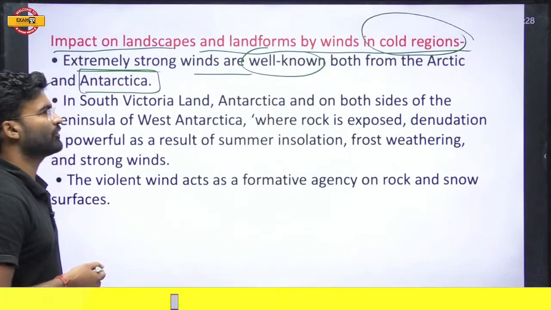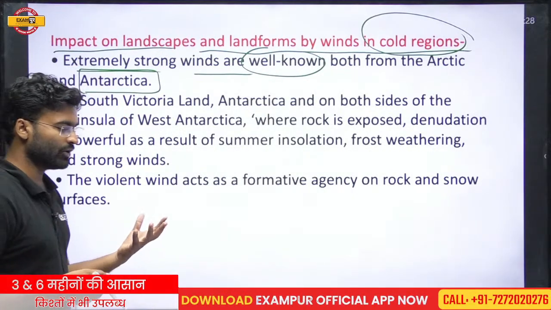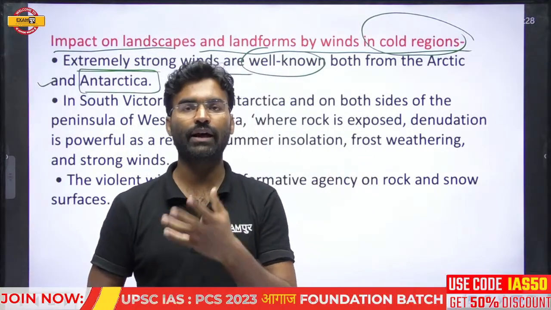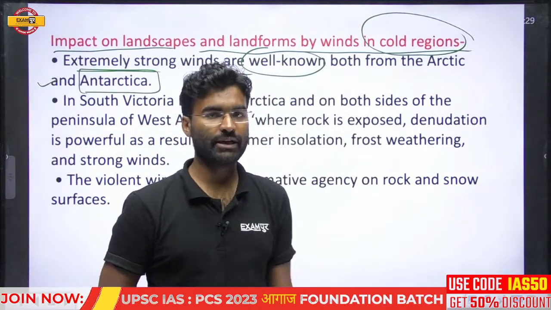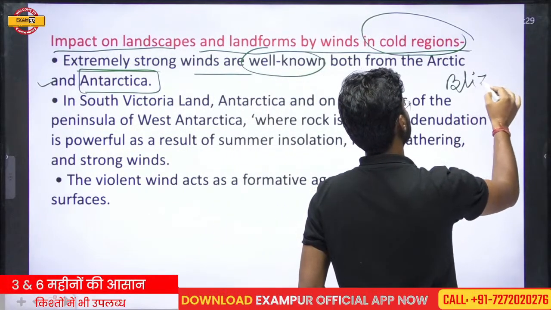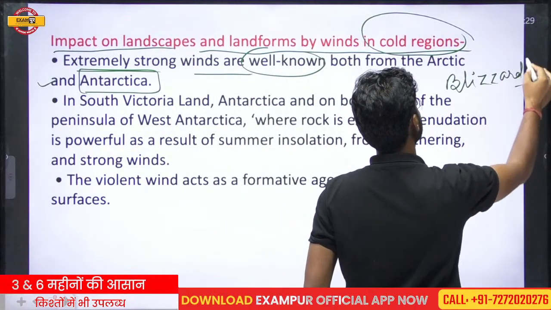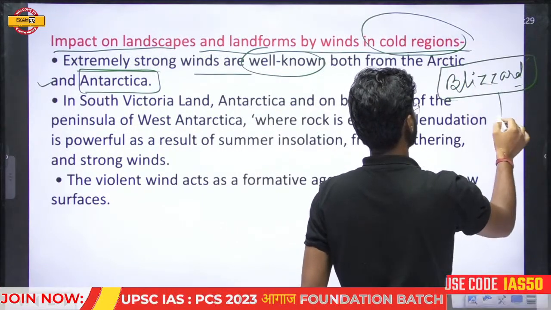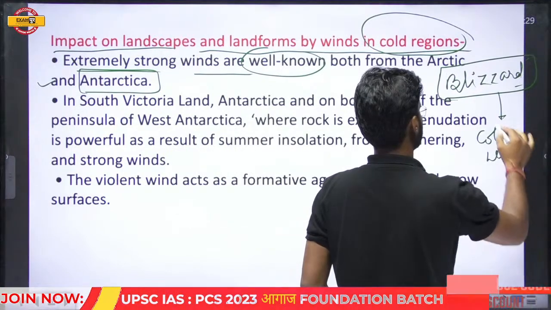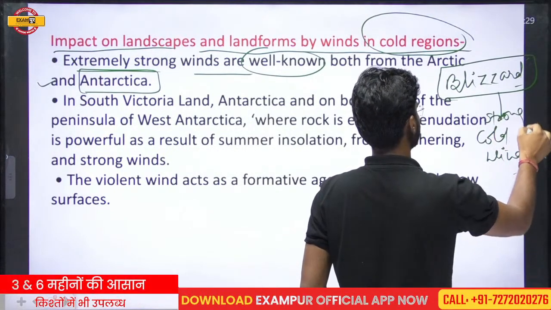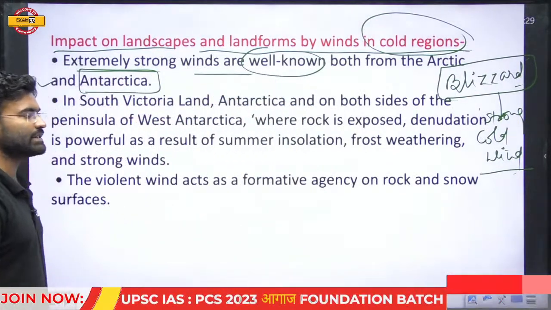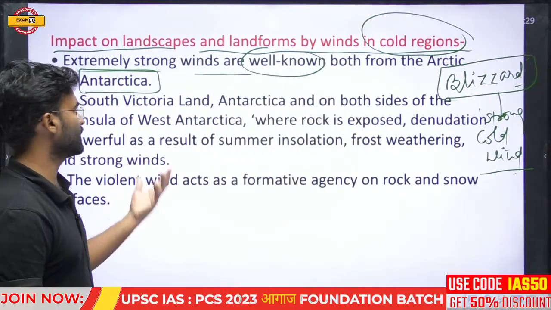I'm forgetting the name of the local wind that blows from the North Pole toward Canada. The name of the wind is the blizzard. This is a strong cold wind. So this type of wind is found in this cold region.